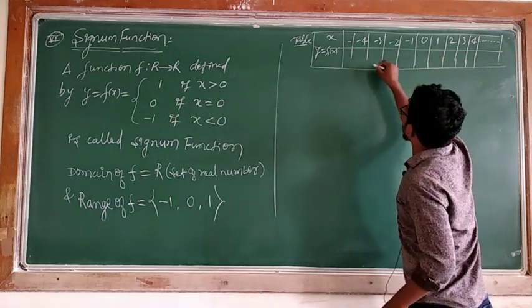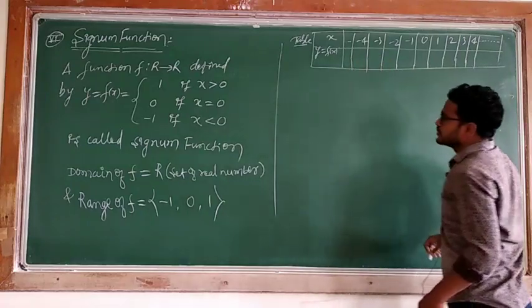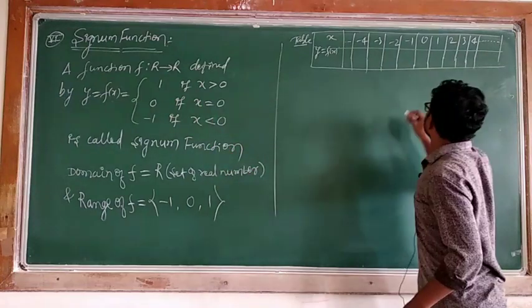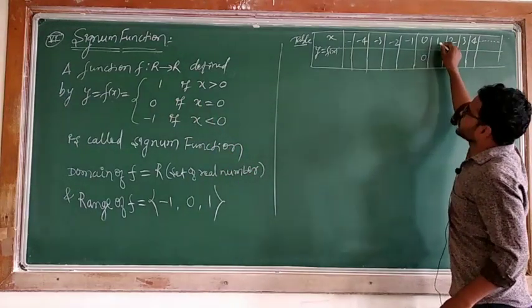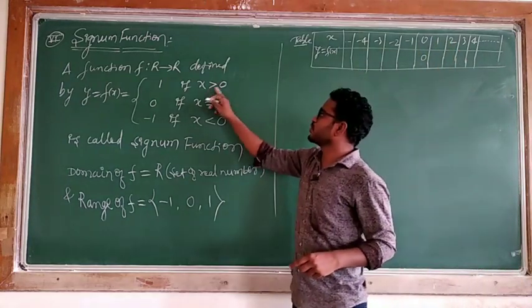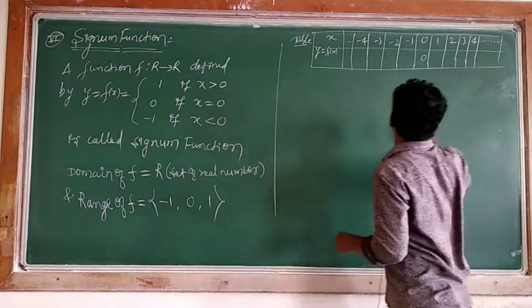Now, when x is 0, y is also 0. When x is 1, 1 is more than 0, so y is 1.